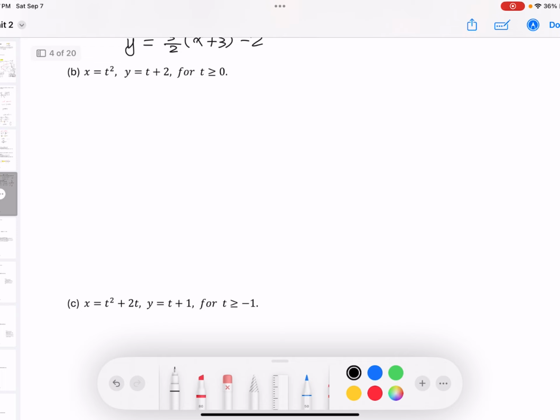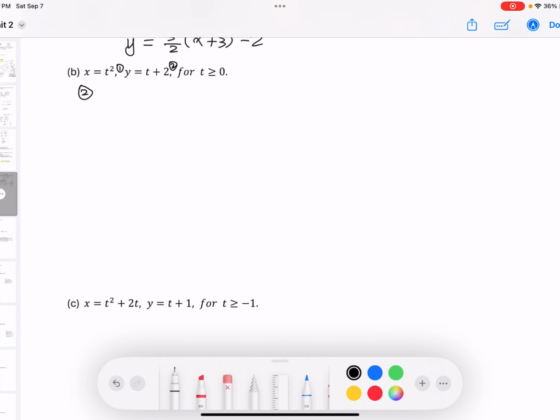In this example, we want to describe the relationship between x and y. So we can eliminate the t. We can say this is my equation 1, equation 2. Where should I start the elimination? I'm starting from the 2.